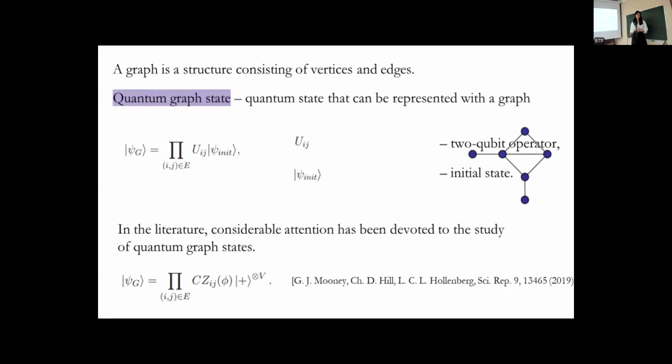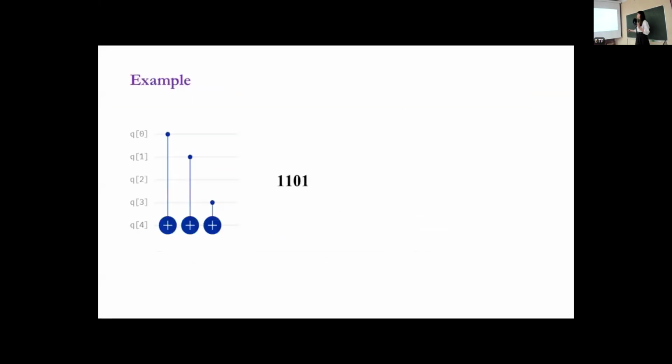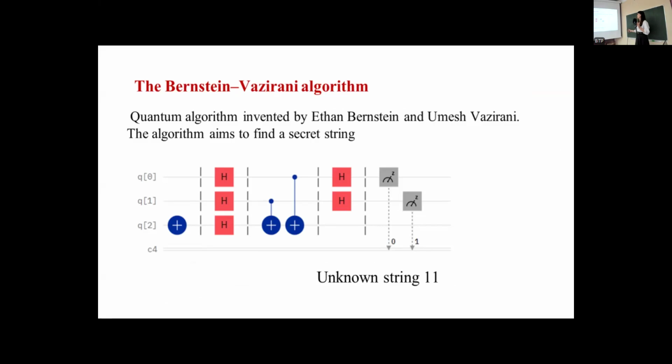And the last theoretical part of my presentation is devoted to the secret string. With qubits, we can encode different classical information with these zeros and ones.